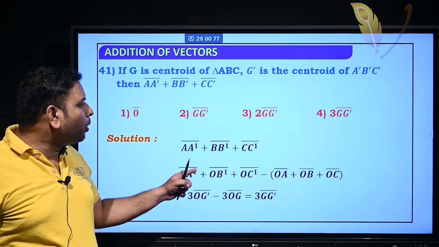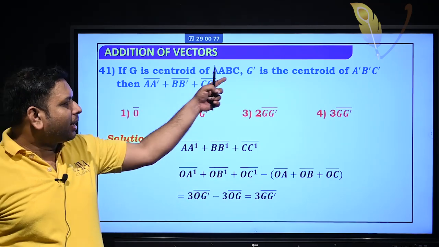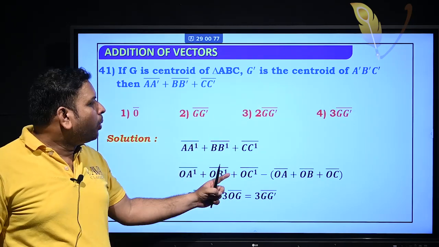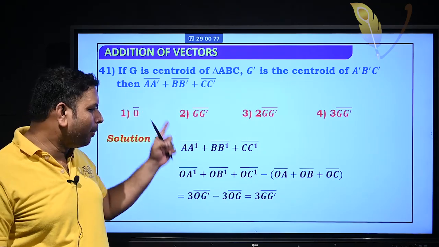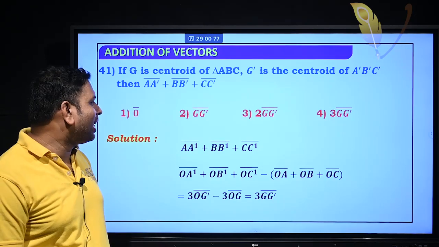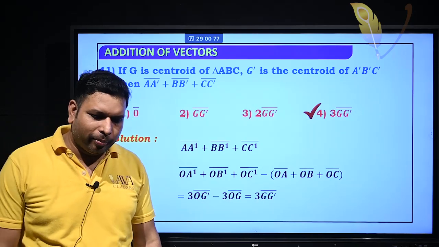OA dash plus OB dash plus OC dash equals 3 times OG dash, where G dash is the centroid of triangle A dash B dash C dash, minus OA plus OB plus OC, which is 3 times OG, where G is the centroid of triangle ABC. So it is 3 times (OG dash minus OG), so 3 times GG dash. So the fourth option is the right option, students.